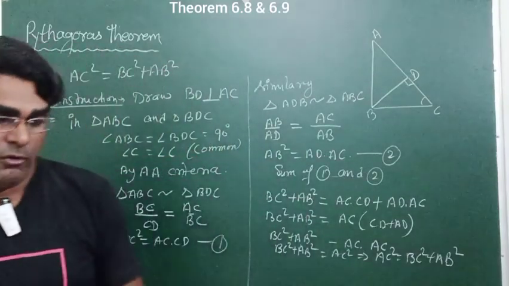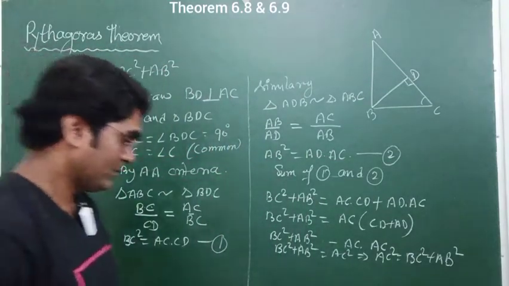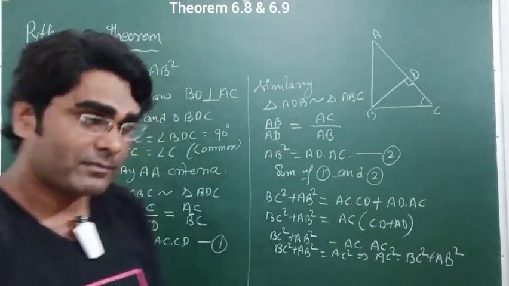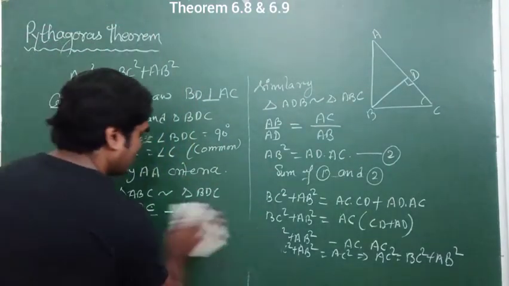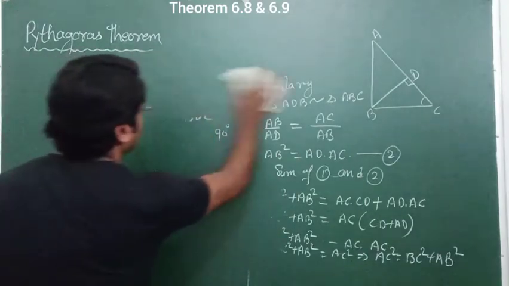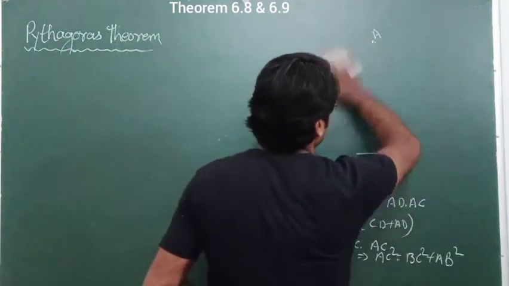Clear? Now we are going to prove theorem 6.9. What is 6.9? This is, you can say, the converse of 6.8. What is that? See properly.